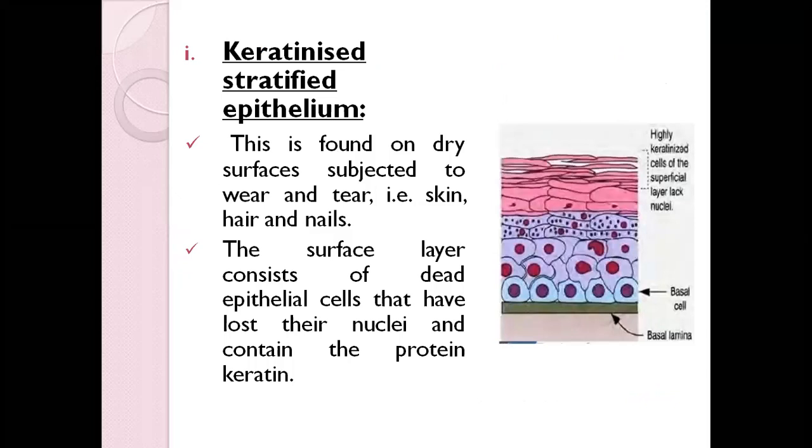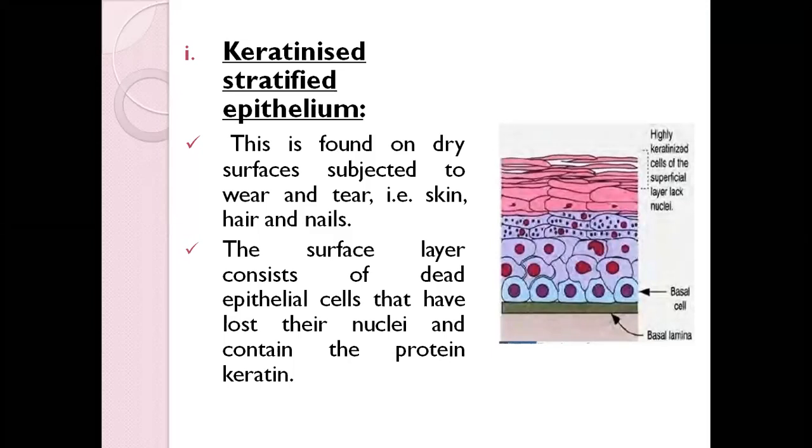The surface layer consists of dead epithelial cells, which is what our skin sheds. Even hair and nails, that's why whenever we cut our hair and nails, they grow back and we cut them again.